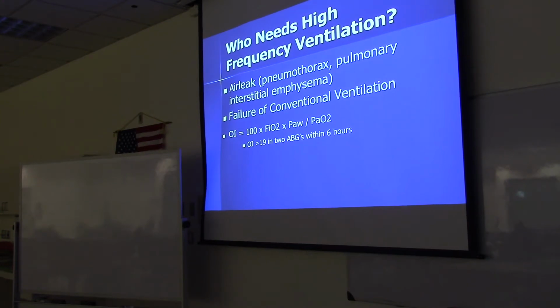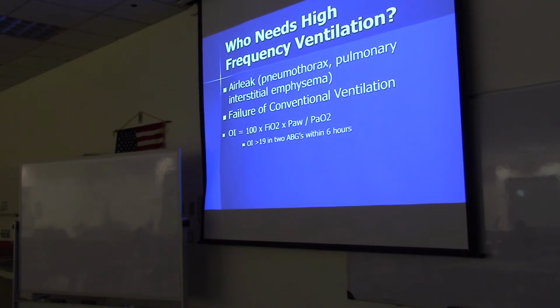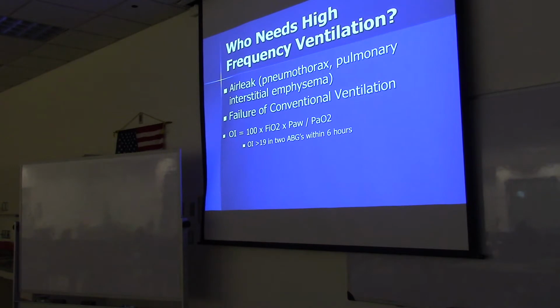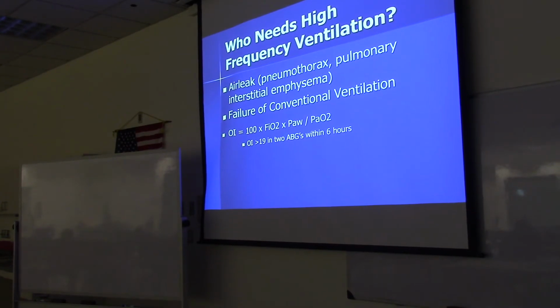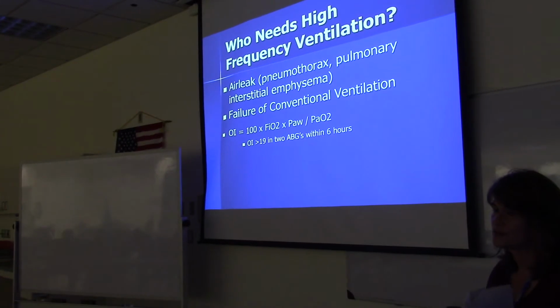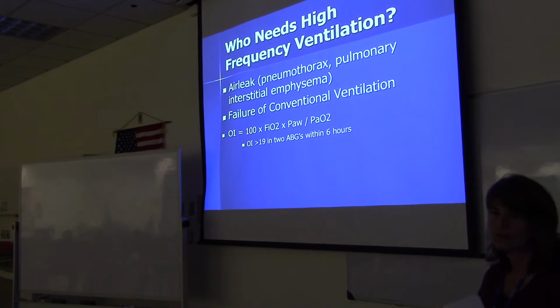What would be a normal oxygen index? Like if you're breathing room air and your FiO2 is 21%, you're placed on a ventilator and your mean airway pressure is 10, and your oxygen level is normal, it's 100. What would your oxygenation index be? Do you have a calculator at your desk? It'd be 2.1.